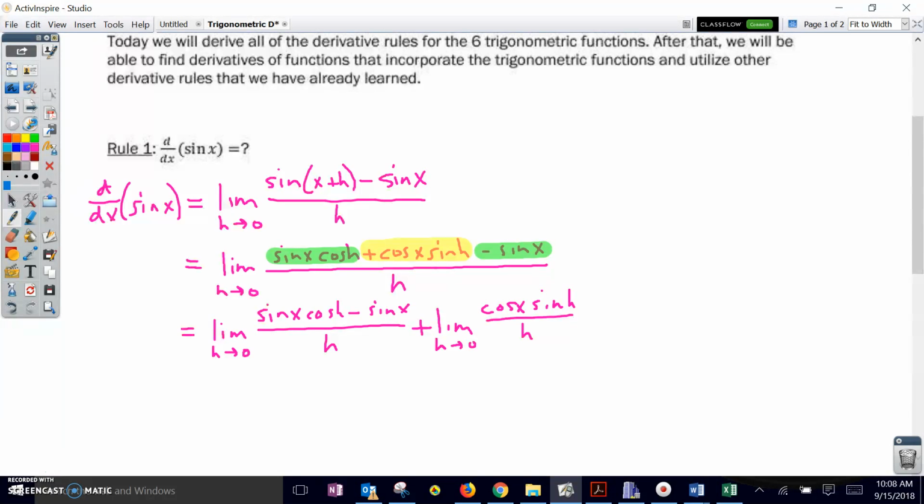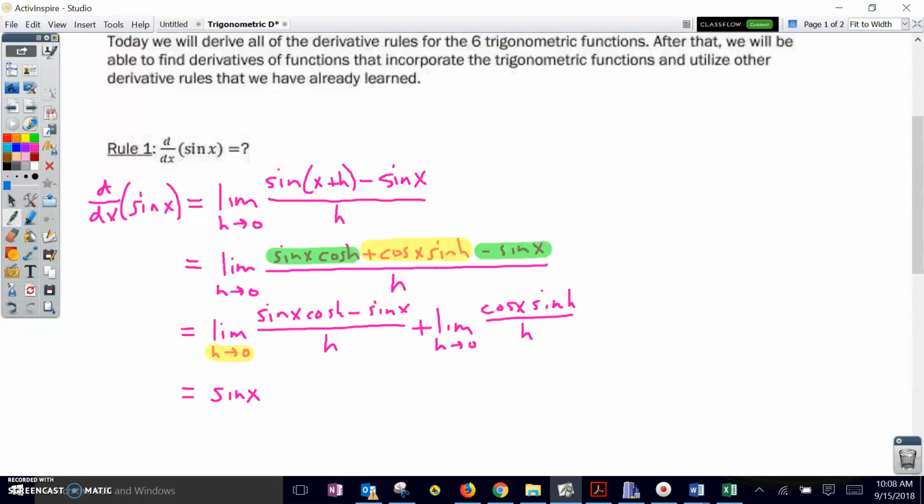Now I can factor a sine of x out of the numerator in the first limit, and even more than that, since we're finding the limit as h goes to 0, as h is changing, sine of x behaves like a constant because x is not variable at this particular moment. Therefore we can use the limit property and factor out the constant multiple sine of x.